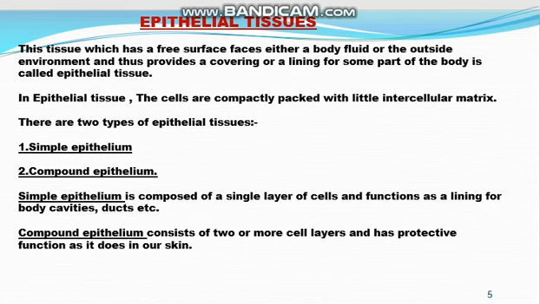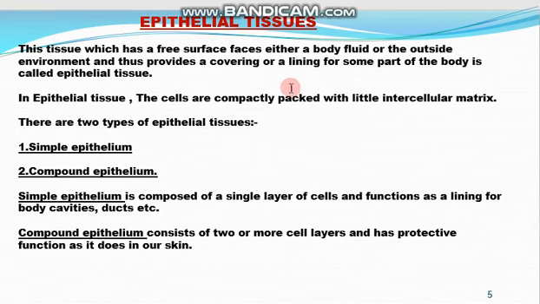First of all, I told you that epithelial tissue has two types, simple epithelium and compound epithelium. But before starting these two types, I will tell you that this epithelial tissue is present on the free surface.